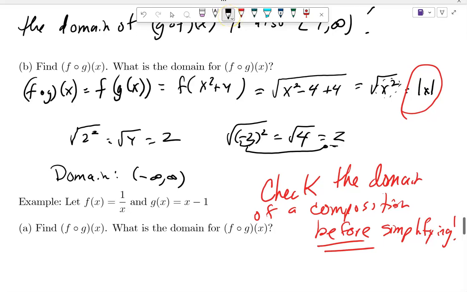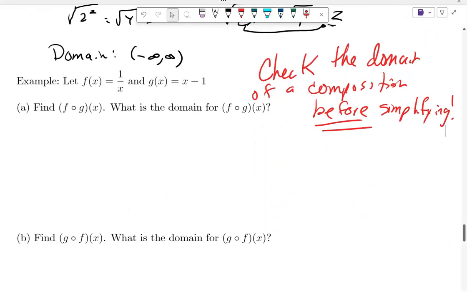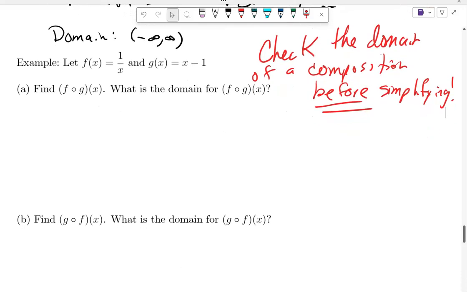Don't do it after. If you do it after, you might get something wrong. All right. Work on the next one for a minute, and then we'll chat about it.